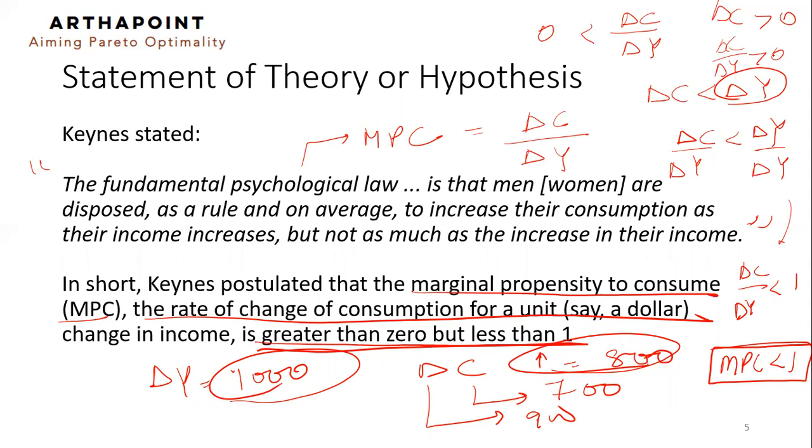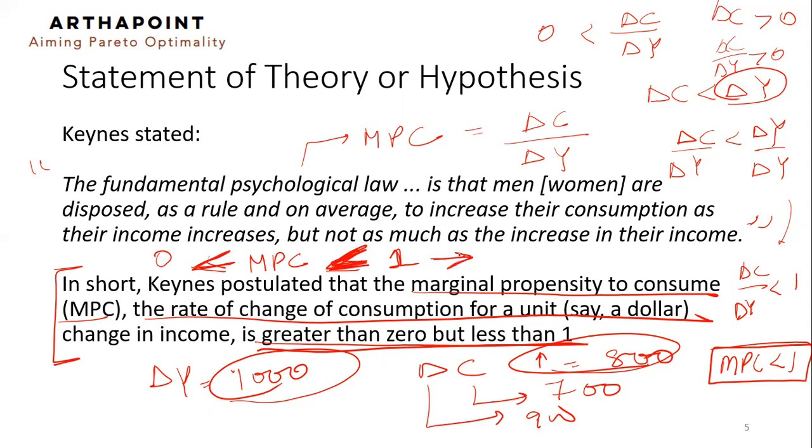So overall, this statement says that marginal propensity to consume is between 0 and 1. Actually, I want to take it strictly, without the equal to sign.